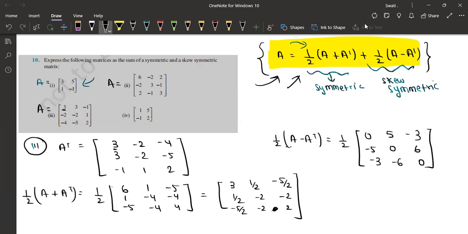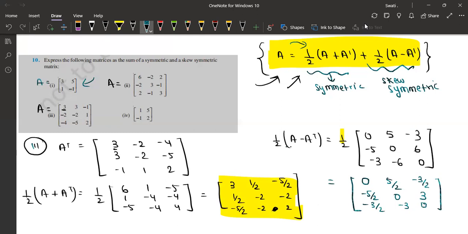So therefore, we have got the answer of half of A plus A transpose and half of A minus A transpose. Okay, I need to multiply this half as well. So half of A minus A transpose will be 0, 5 by 2, -3 by 2, -5 by 2, 0, 3, -3 by 2, -3, and 0.